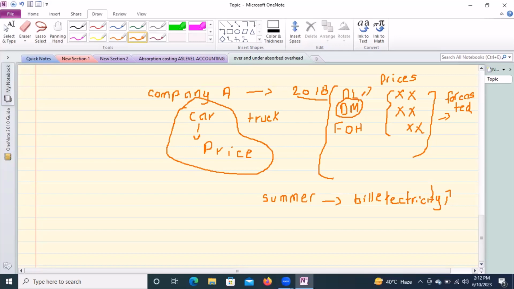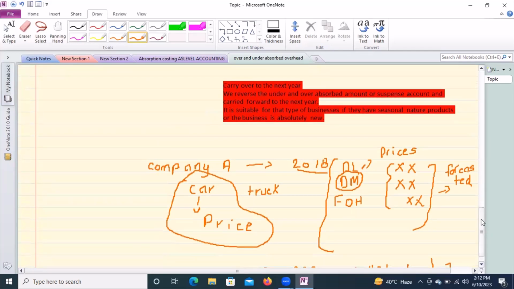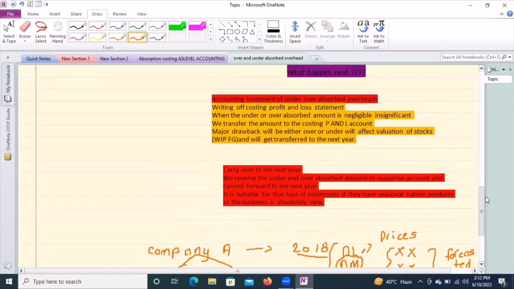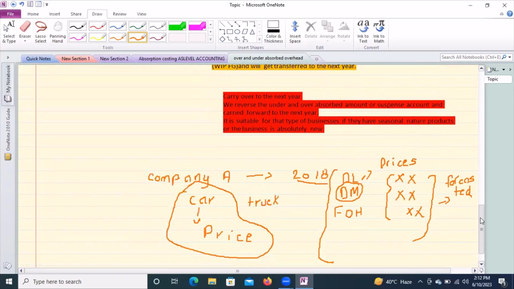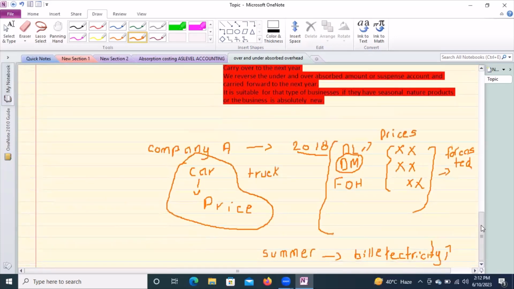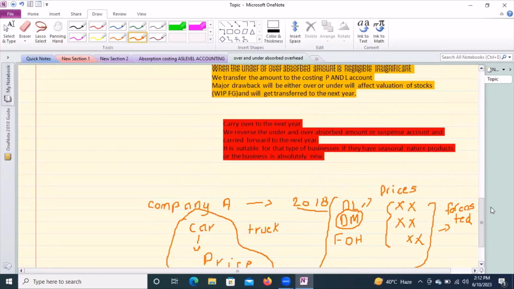So that is why the company makes some assumptions, or you can say budgeted amounts, so they can quote the exact price of the car to the customers. Okay, so I think you got my point.